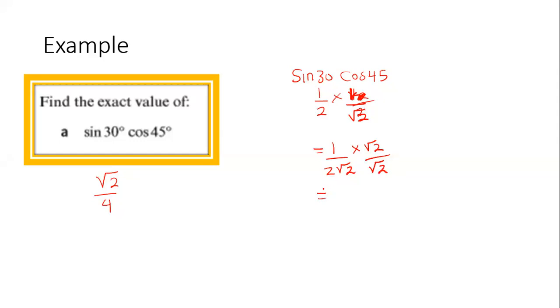Please take note. So 1 times root of 2, you get root of 2 out of 2 root of 4, which will give you root of 2 out of 2 times 2, which will give us root of 2 out of 4.